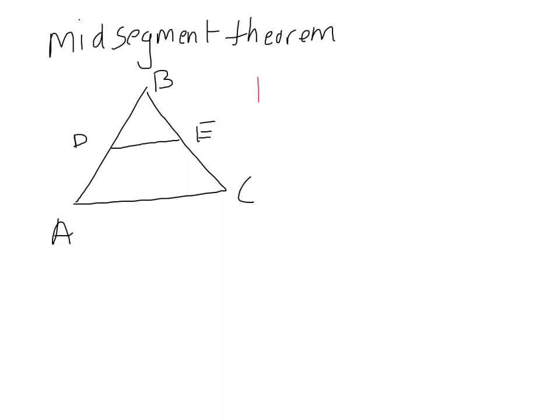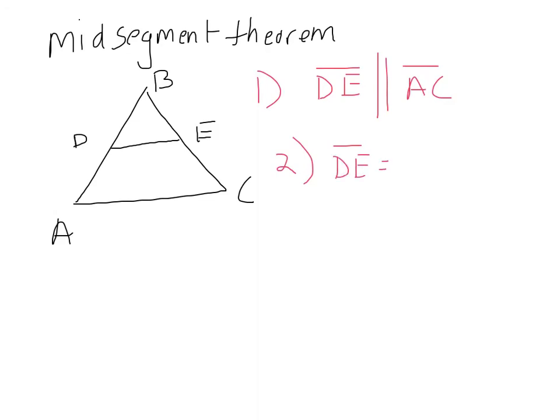So, first thing I know is that DE is parallel to AC, and now I know that the length of DE is half the length of AC. Or you could think about it this way.